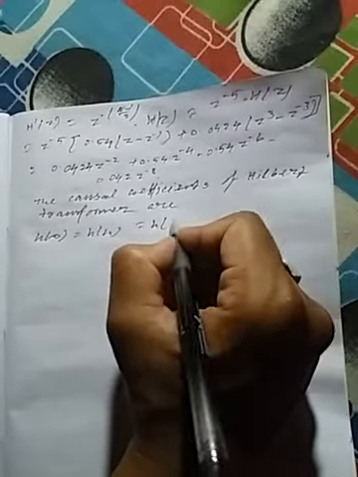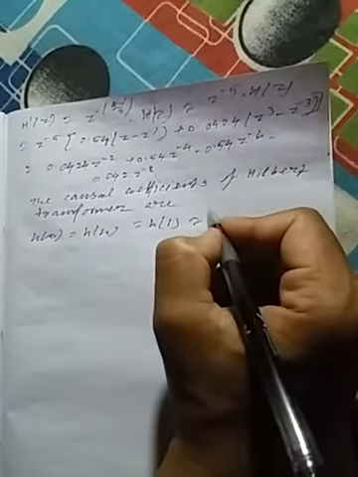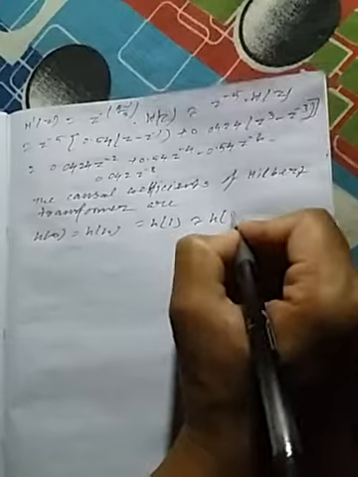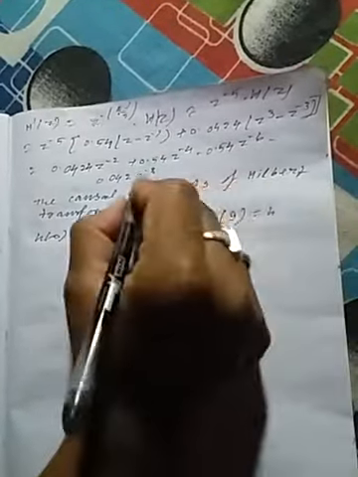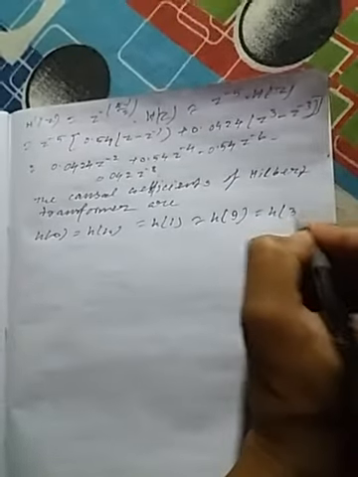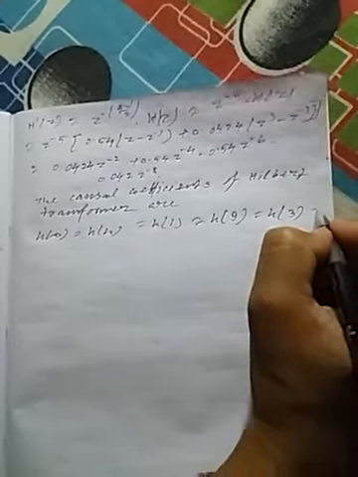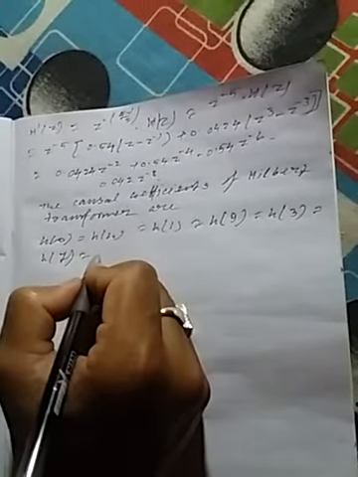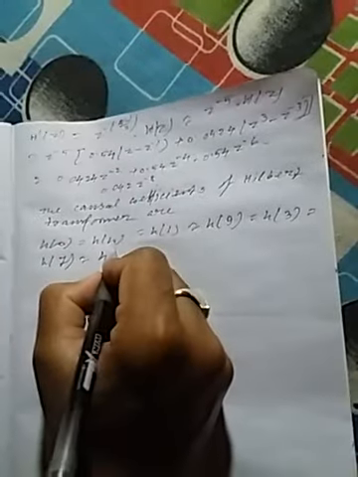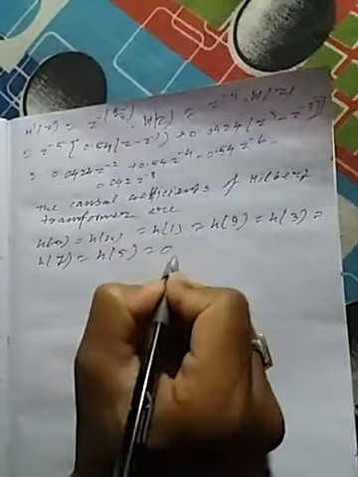h1 also is here 0, so h1 will be equal to h9 is also absent, so h9 equal to h3. h3 is also absent, so h3 equal to h7, okay, equal to h5, 5 is also absent, so h5 equal to 0.